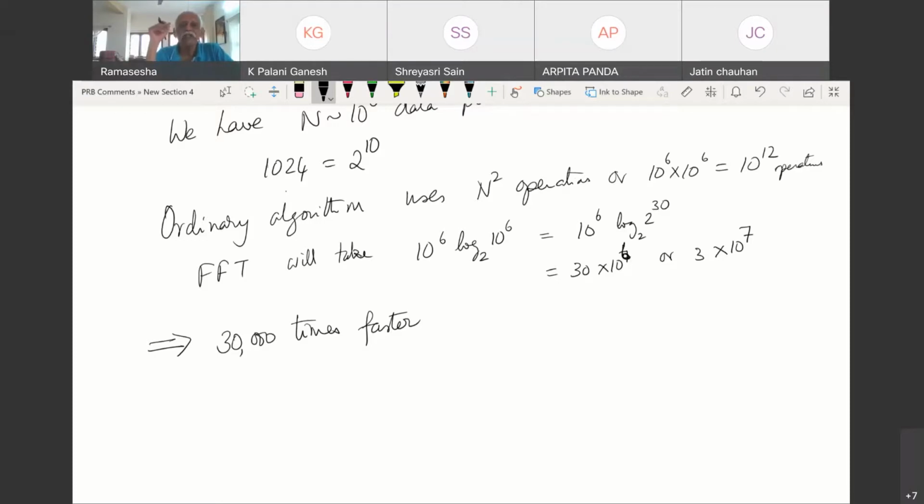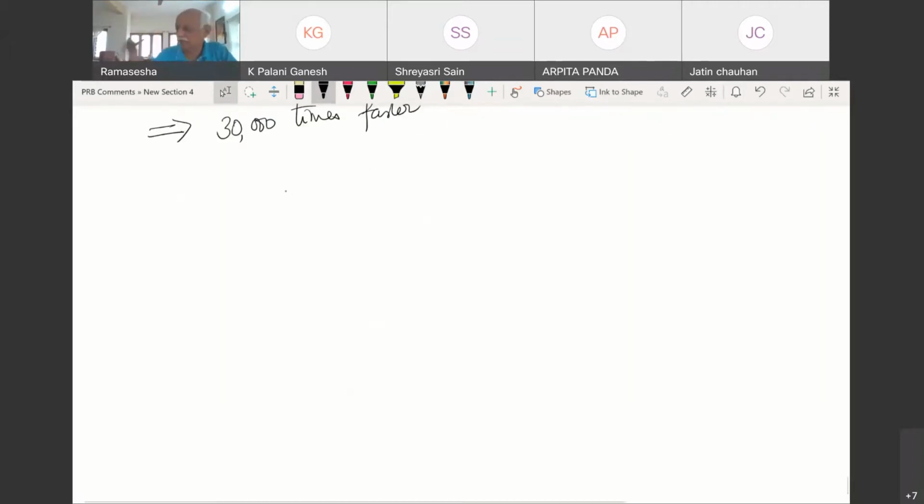So if the fast one takes 1 second, then the slow Fourier transform will take 500 minutes, because 300 seconds is 5 minutes. So you see the speed of calculation.